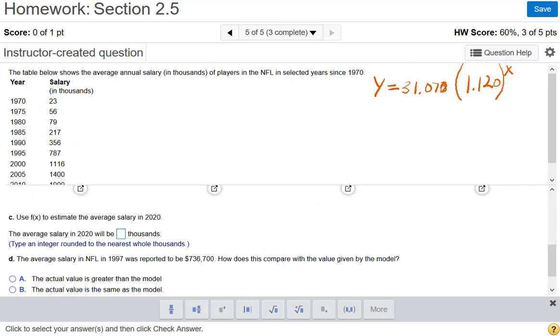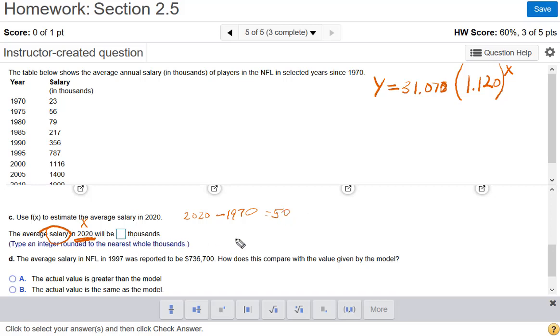Now, in part C, we need to use our model to find the salary, that's Y, in the year 2020, which gives us some value of X. Since 1970 was X equals 0, 2020 minus 1970 would come out to be 50.